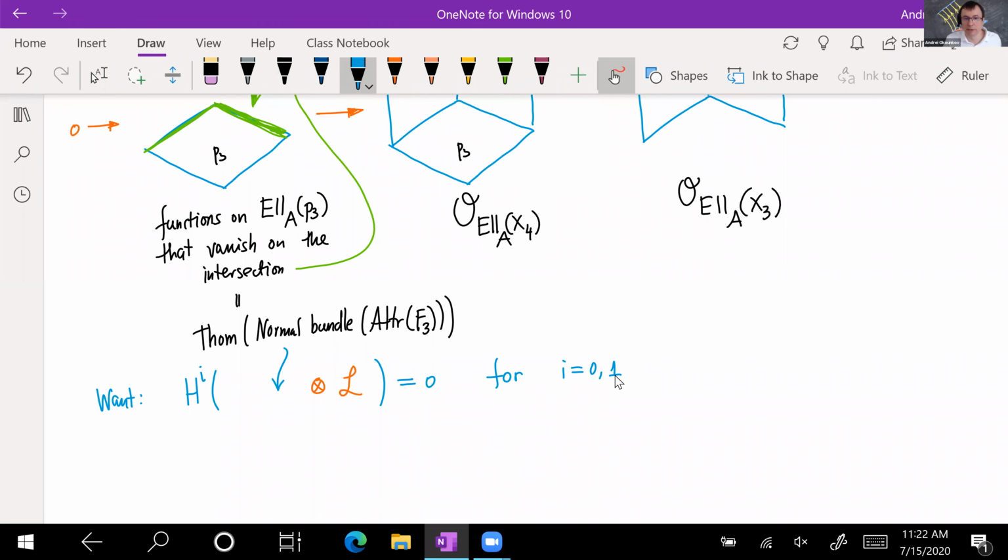That would be something desirable. That would say that if this cohomology vanishes, every single thing before has a canonical restriction.